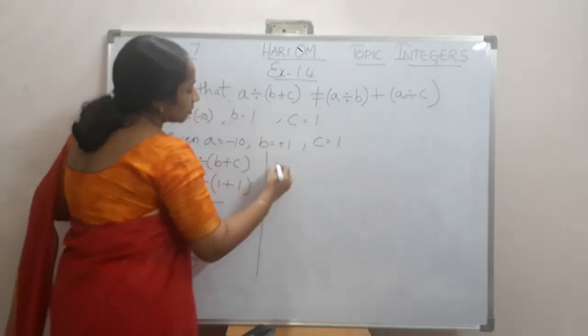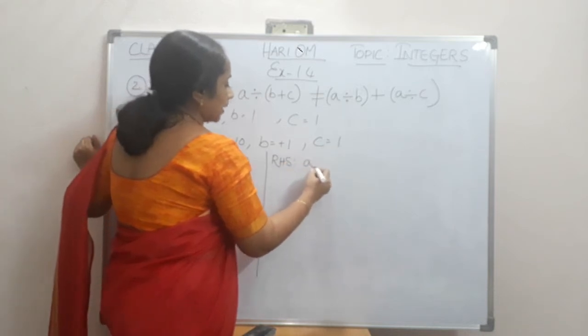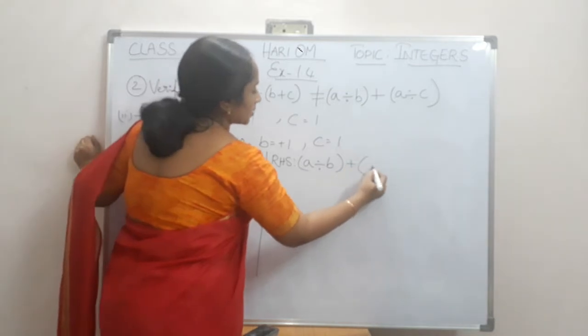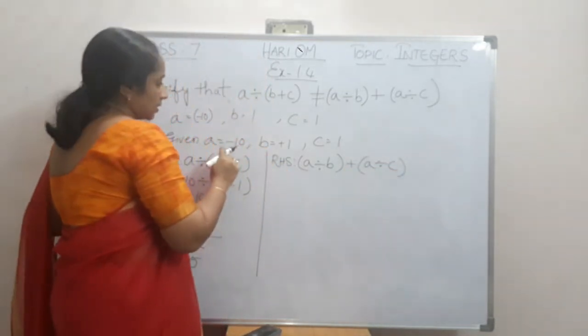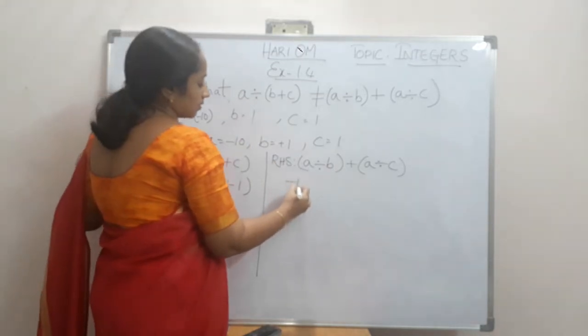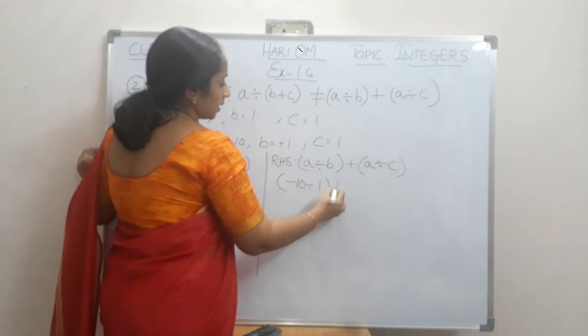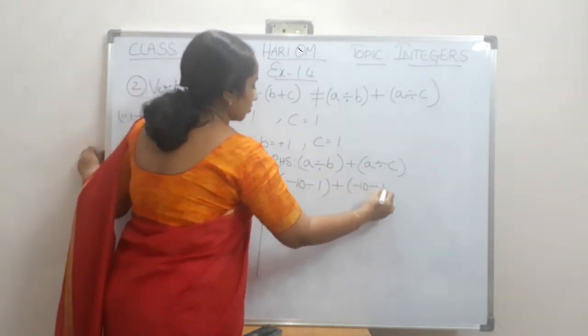Now coming to RHS, a divided by b plus a divided by c, that is minus 10 divided by 1 plus minus 10 divided by 1.